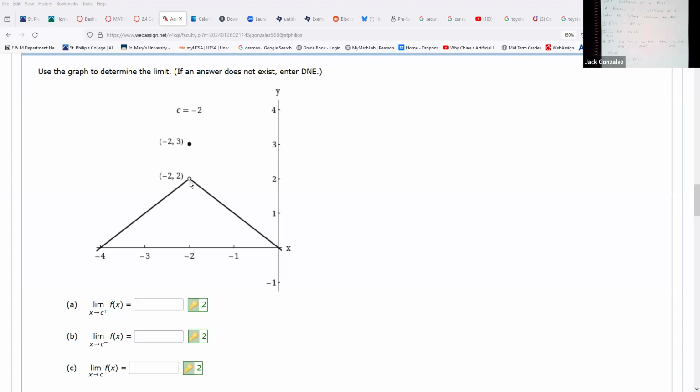Over here, well, hold on. First of all, C is -2, right? There it is. So what is the function at -2? What is f of -2? Right, this has a hole, so it's not that one. It actually is defined over here.